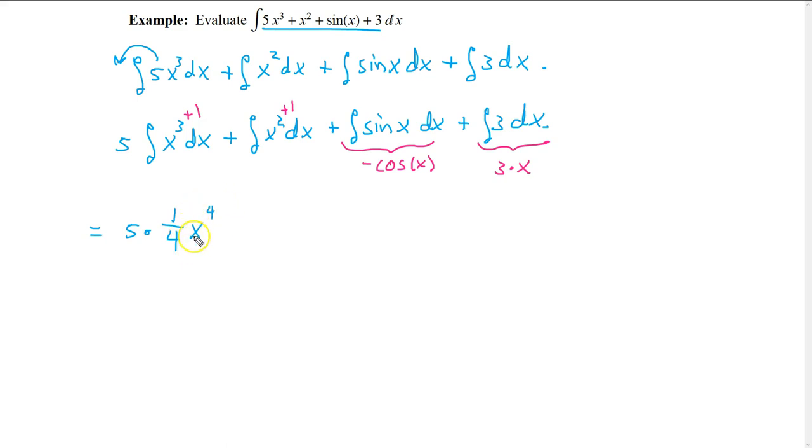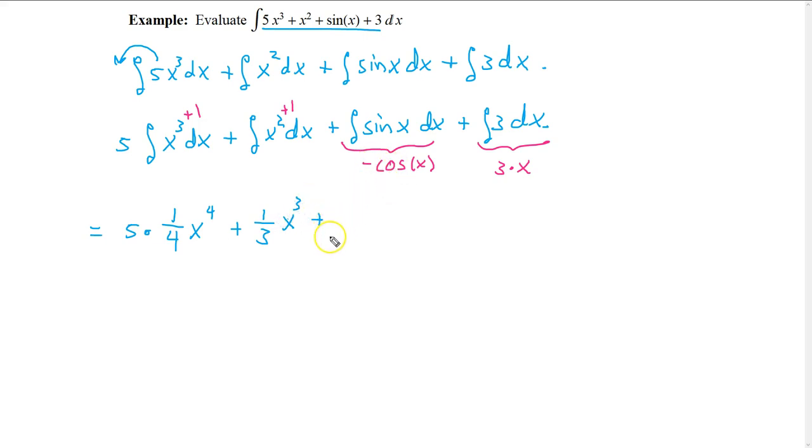If we were to differentiate x to the 4th, the 4 would drop down and the 1/4 would cancel it, so it disappears. See, we don't have a 4 in here. So when we differentiate this, we don't want a 4 up here, so the 1/4 will cancel that. And then the antiderivative of x squared is going to be 1/3 x cubed.